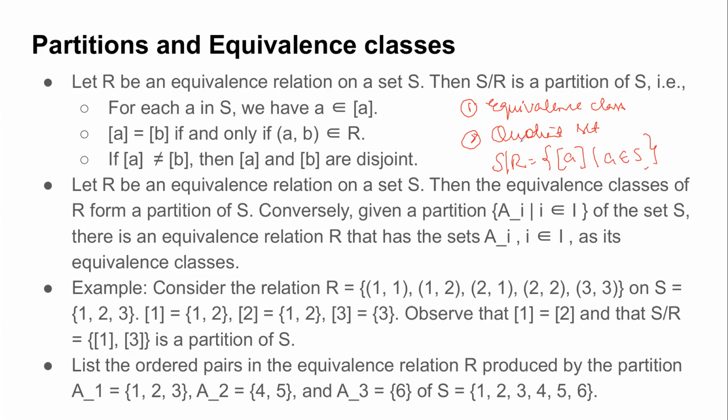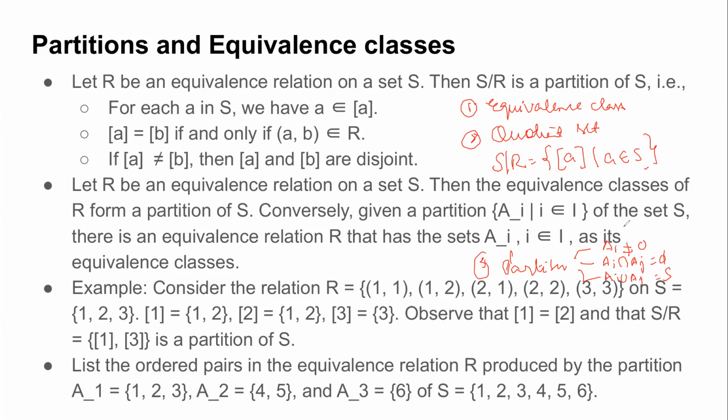Then we related it to partition. What we said is if we consider the quotient set of R, it actually forms the partition of that set. By partition we mean that you divide your set into subsets which have three properties. They are non-empty, their intersection is phi, and their union, if you take the union of all of them, gives you the set itself. We see that equivalence class satisfies these three properties.